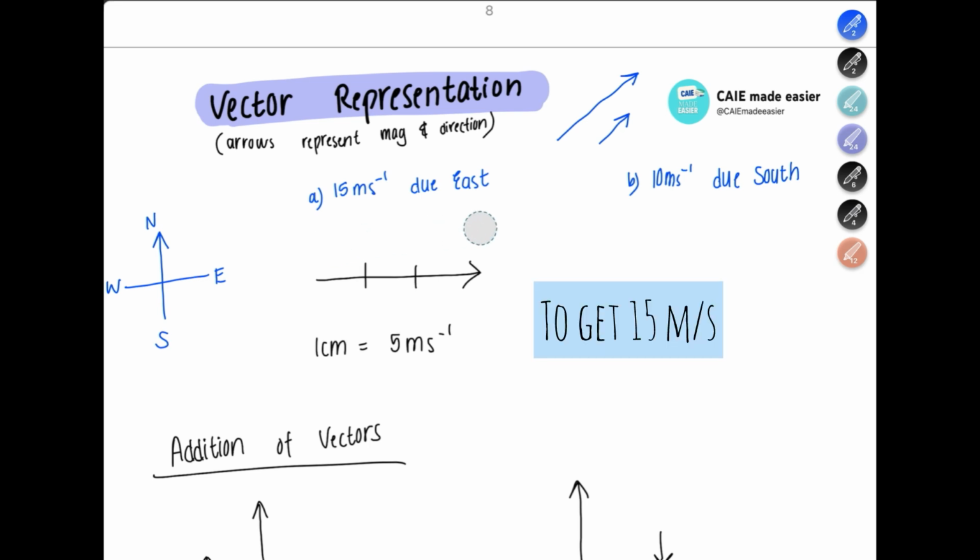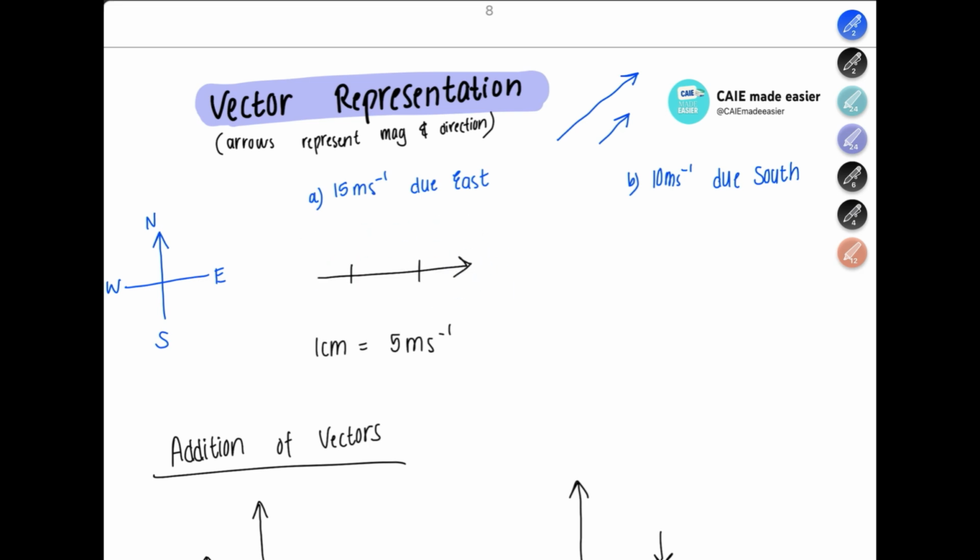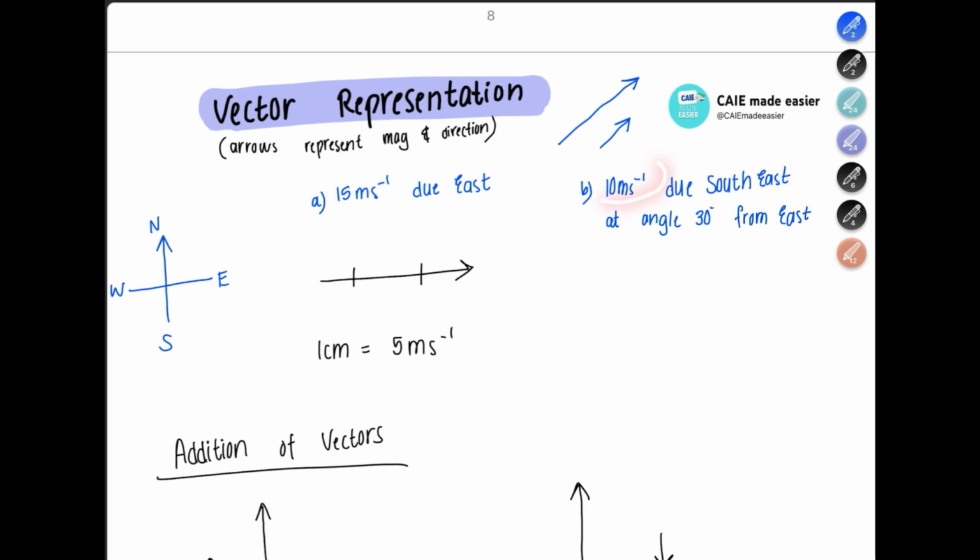I hope that's clear. On the other side, you have 10 meters per second due south. South would just be down, right? Let's say I want to call this southeast. You have 10 meters per second southeast. That means it's going to be between south and east, at an angle of 30 degrees from east.